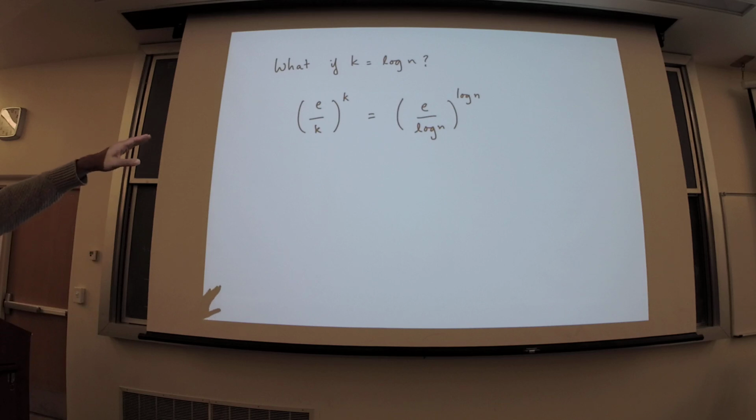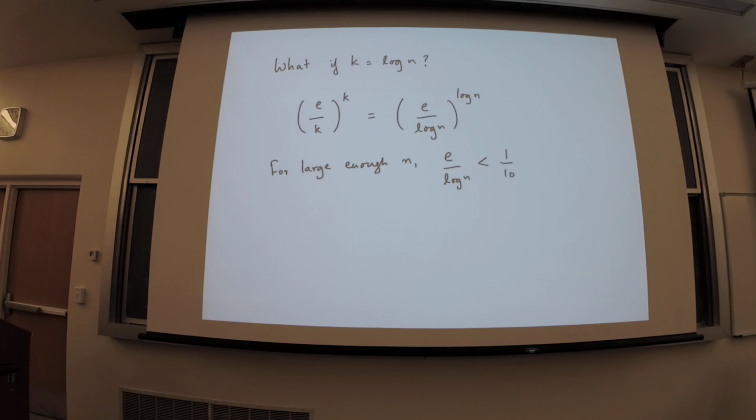Log n is a function that grows with n, and e is some fixed quantity. So for large enough n, this e by log n vanishes. So this becomes less than whatever you want, let's say less than 1 by 10.